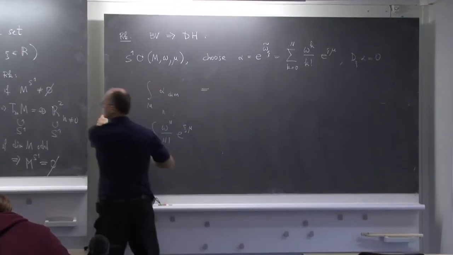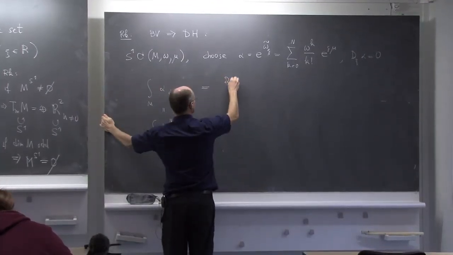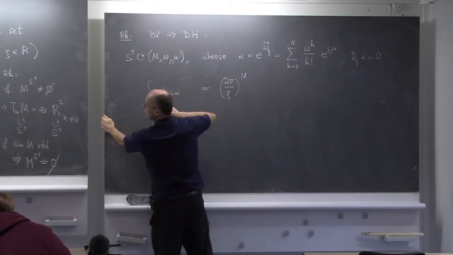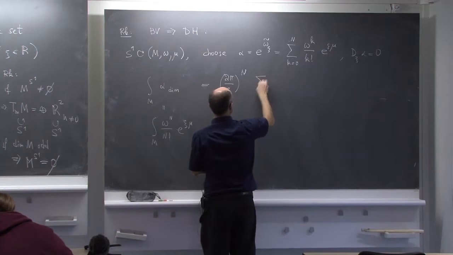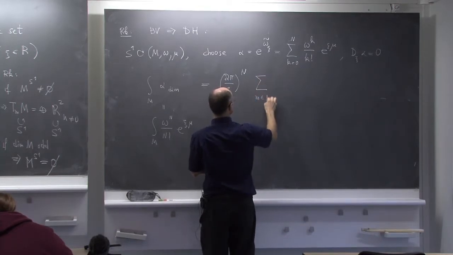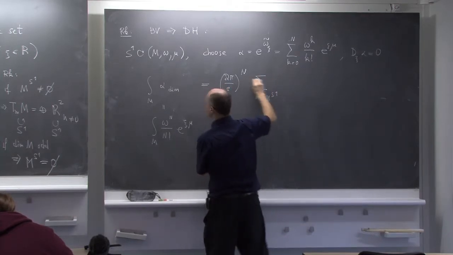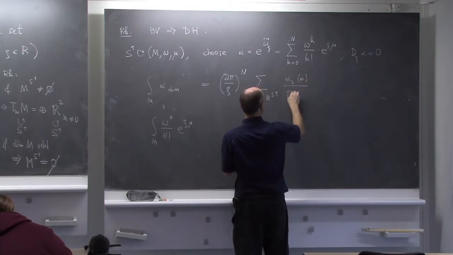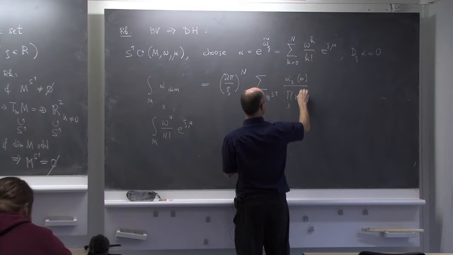And on the right-hand side, we'll have (2 pi over psi) to the power n, times the sum over fixed points of alpha 0 at the fixed point m, divided by the product of weights.